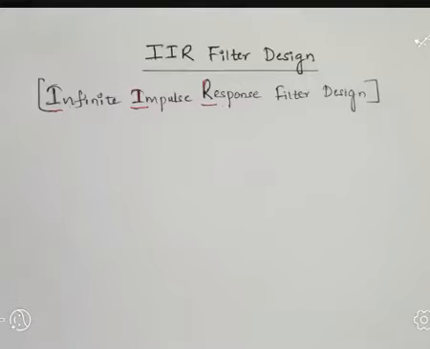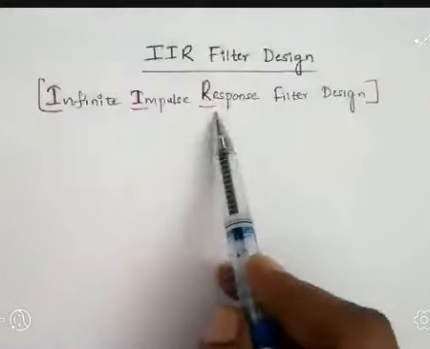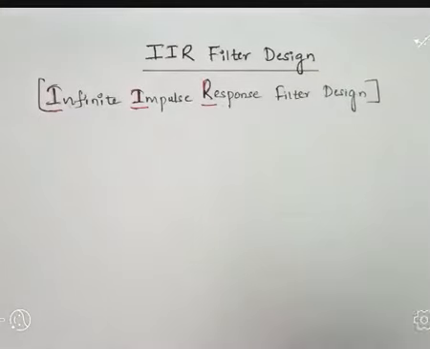Okay. The infinite impulse response is a type of digital filter that is used in digital signal processing applications. A filter's job, we are already very familiar with. A filter's job is what? It will allow certain types of signals to pass and block the rest of the signals.